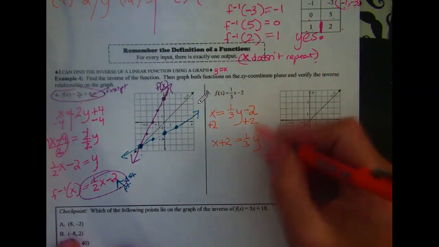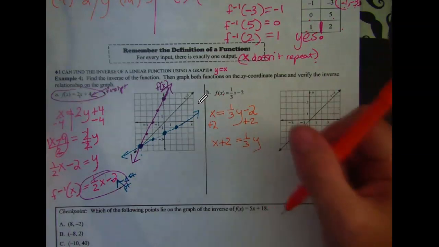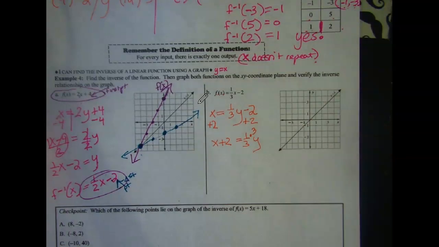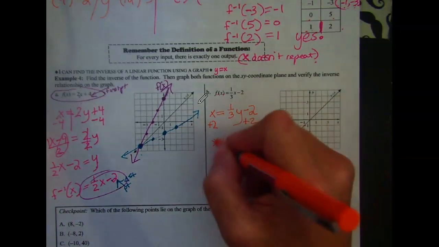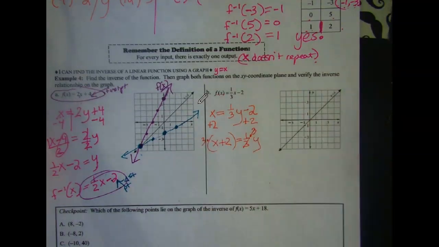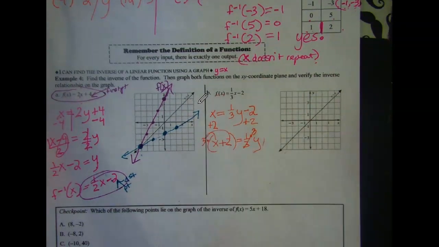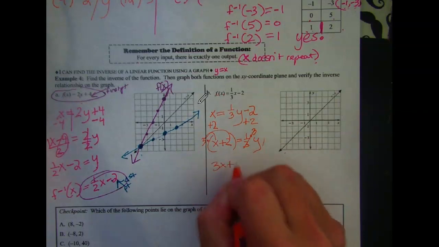And then remember, we're going to multiply by a reciprocal, which is just 3. So I times by 3, or 3 over 1, but it's easier to just times by 3, the whole thing. So then I have to do the distributive property. So 3x plus 6 equals y.